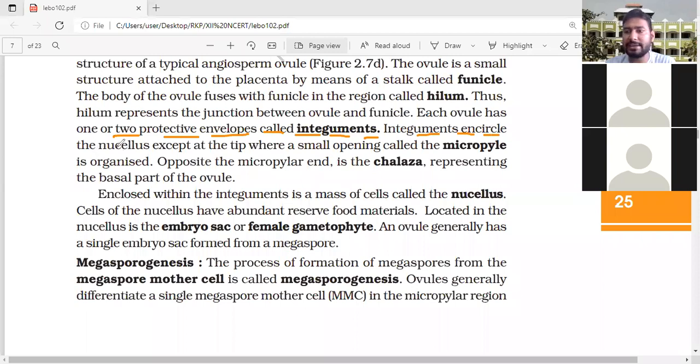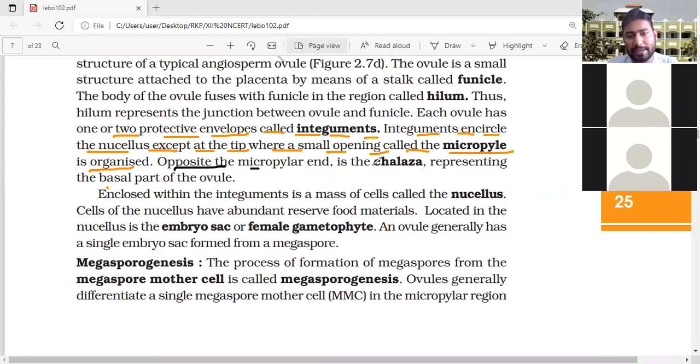Integuments encircle, meaning surround, the nucellus except at the tip where the small opening is called the micropyle. Clear?